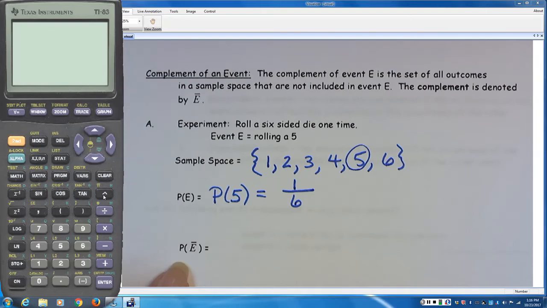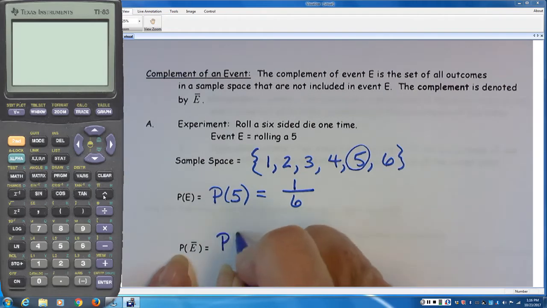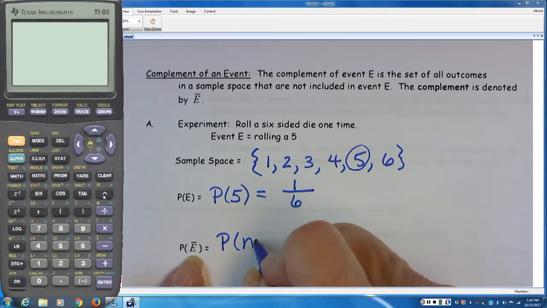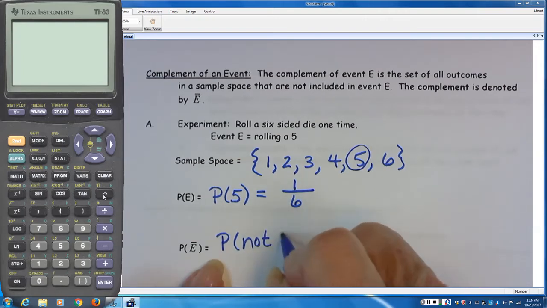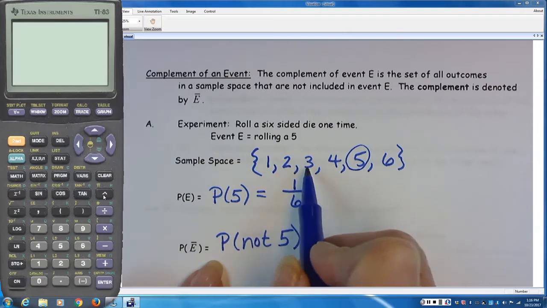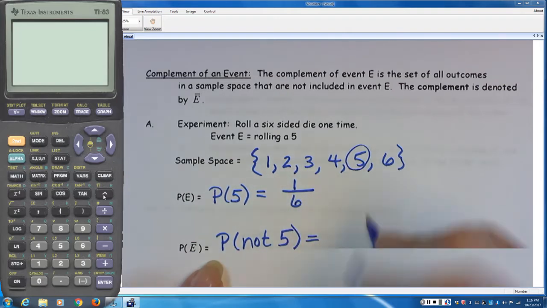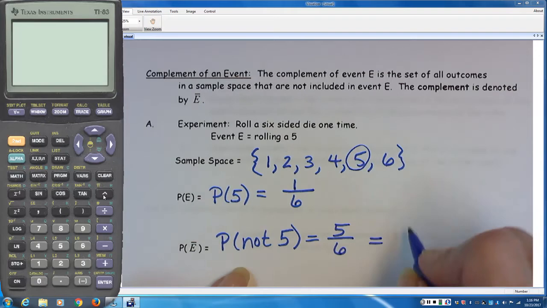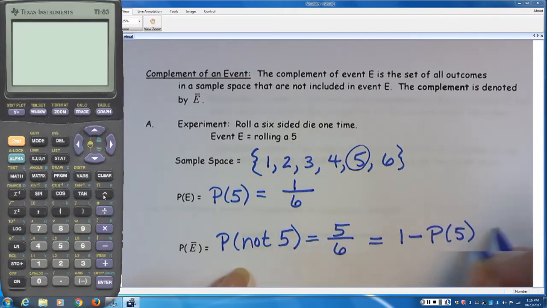The probability of not rolling a 5, and I don't use the overline notation, I like the word not, I know what that means. Probability of not rolling a 5 is 1, 2, 3, 4, 5 out of 6. Which is the same thing as 1 minus the probability that you did roll a 5.